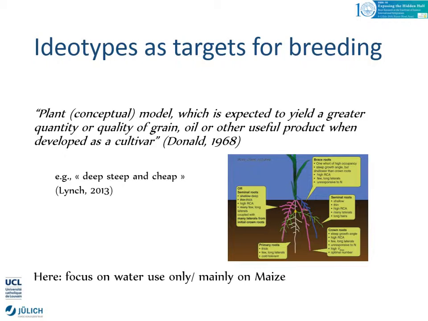One very known ideotype is the deep, steep, and cheap ideotype of Jonathan Lynch. And here we will focus on ideotype for water mainly, so drought stress. And we will use maize plants as our model.